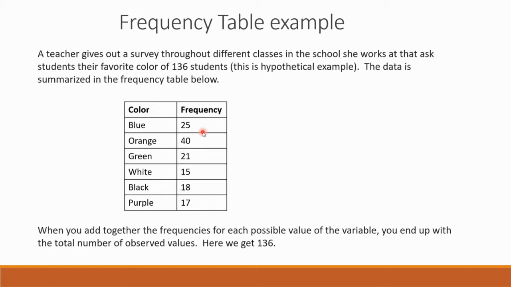So 40 students said their favorite color was orange. 21 students said their favorite color was green, and so on. Again, these are just data values I made up. In total, you get 136 students, because that's how many students she asked.